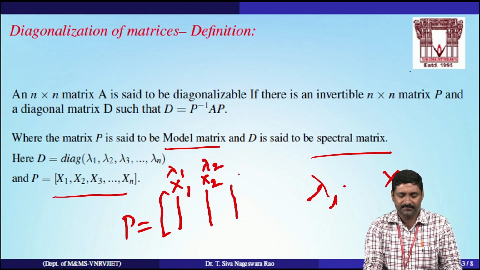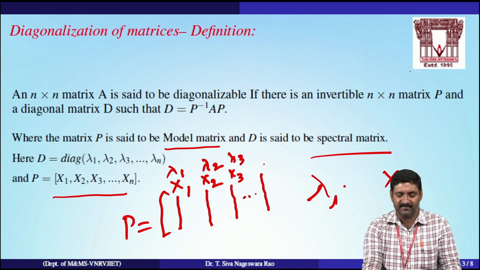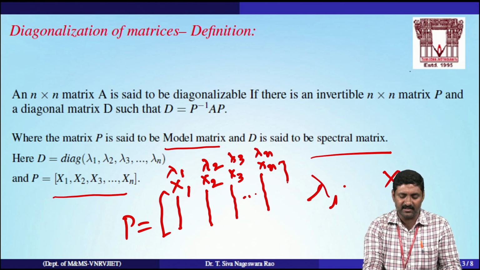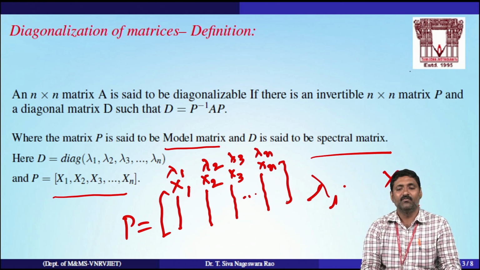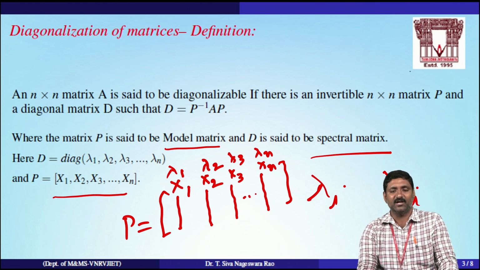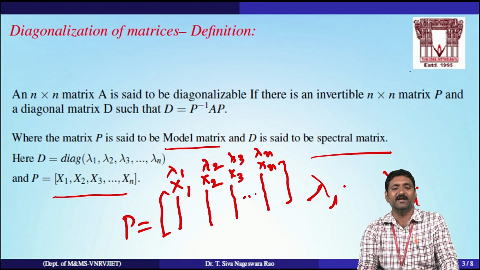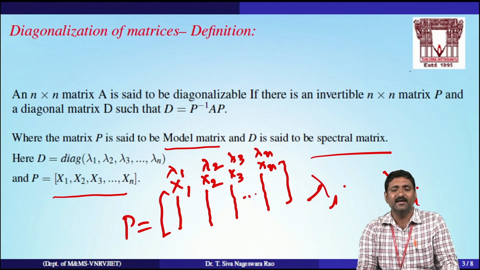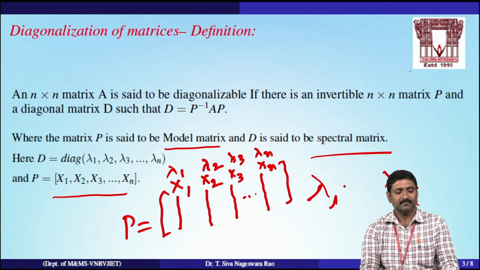The third column is the third eigenvector corresponding to the third eigenvalue, and so on, the nth eigenvector corresponding to the nth eigenvalue. This is how we will form the matrix capital P. Capital P is a model matrix in which the columns are eigenvectors corresponding to the eigenvalues of capital A.